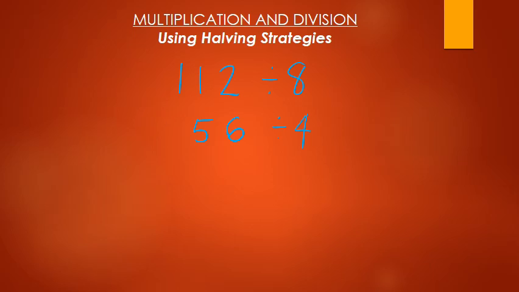If I halve these numbers again, I have 28 divided by 2. Halving again, I get 14 divided by 1. If I stop here, 14 divided by 1 equals 14. So, my final answer: 112 divided by 8 equals 14. Could you think of another example where the halving strategy could be used to find answers to division questions?